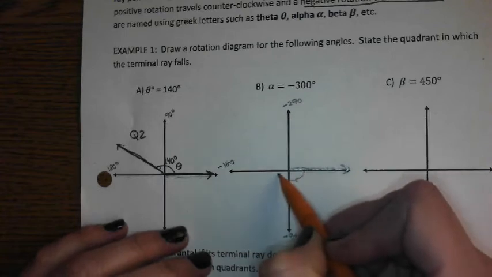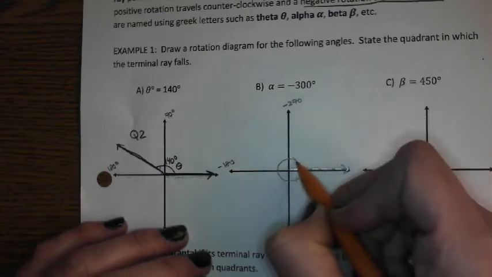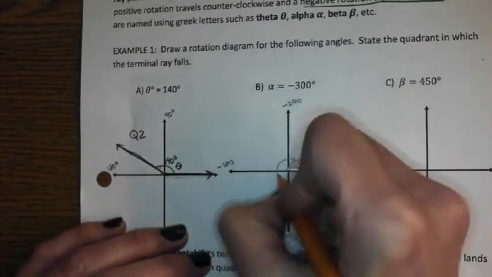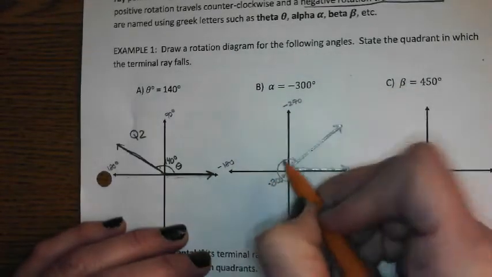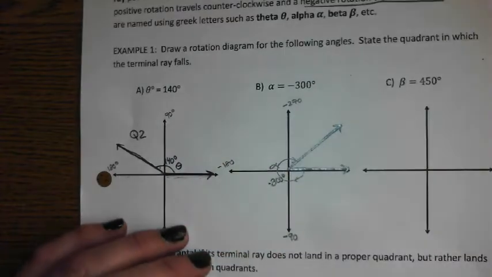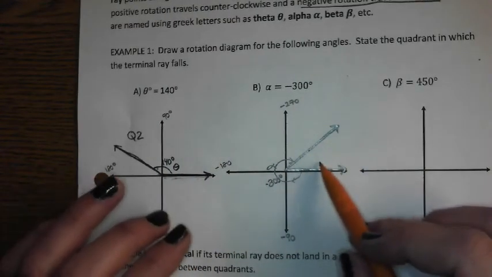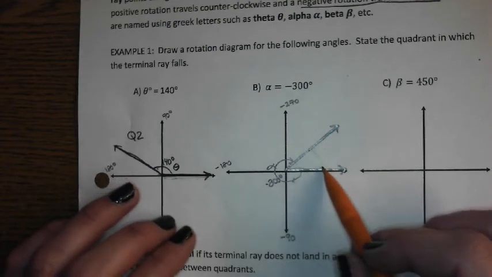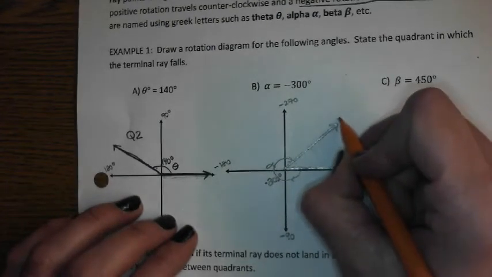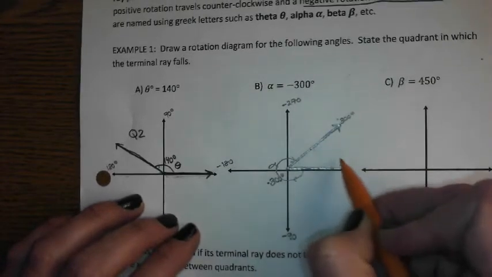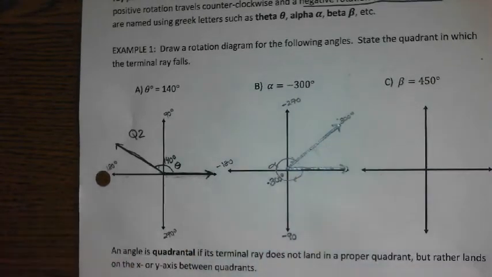You're going to wrap all the way around, and it's going to be right here. Negative 300 degrees, and that's your alpha. How many degrees shy of the x-axis is this? 60, correct. So that's like negative 300. So this would be negative 360. So it's 60 degrees shy of the x-axis.